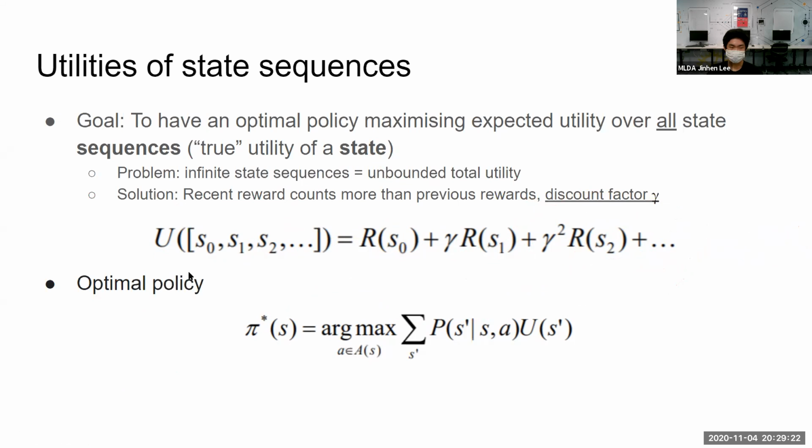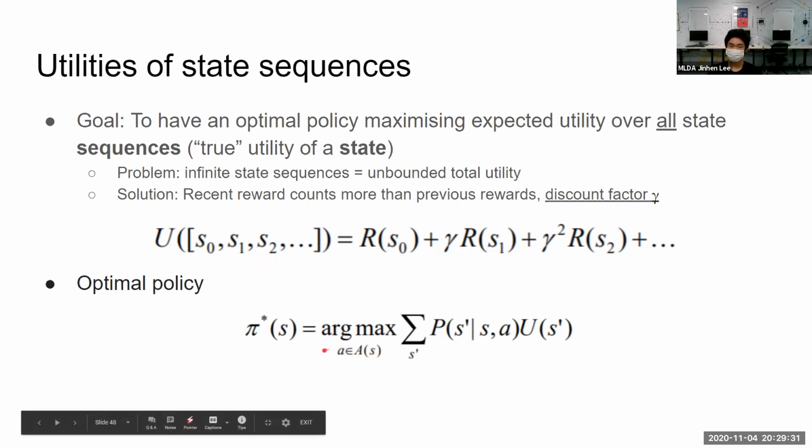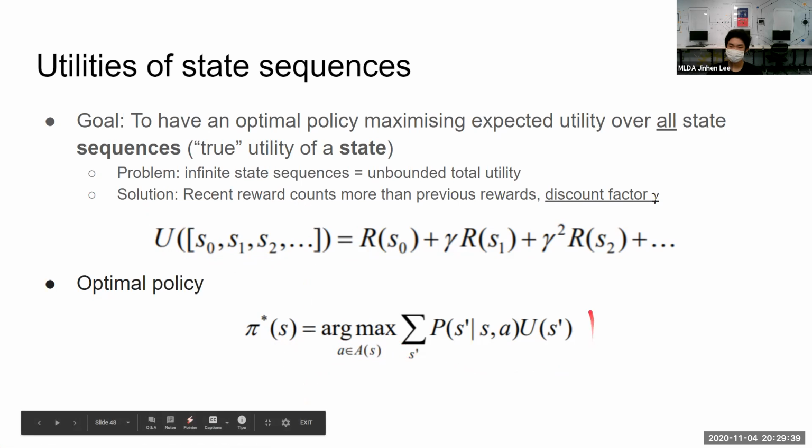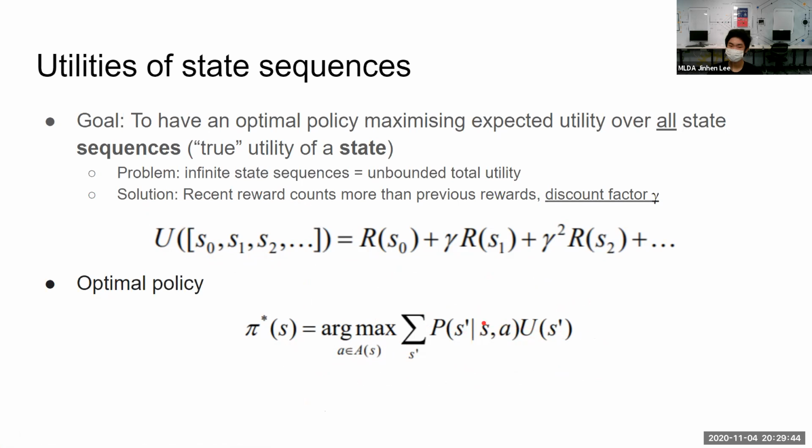So the optimal policy, to maximize the expected value of this, is defined as the argmax over actions at every state S, which maximizes this expected utility for a state S.